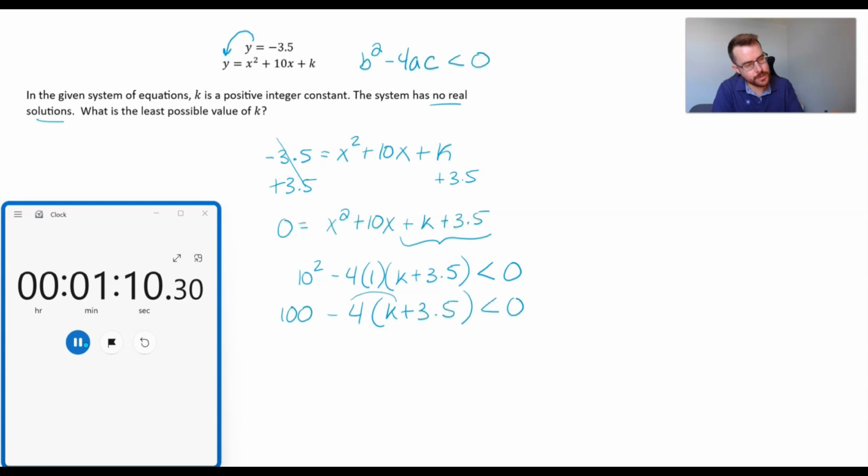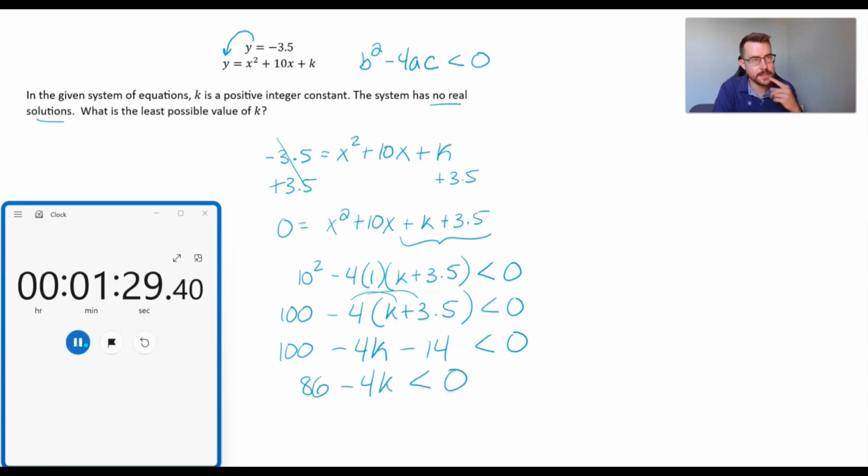Now we're going to have to distribute that negative sign through here. So we get 100 minus 4k, and then that's going to be minus 14 is less than 0. So we can go ahead and combine these together. 100 minus 14 is going to be 86 minus 4k is less than 0. And now we can go ahead and solve this out here.